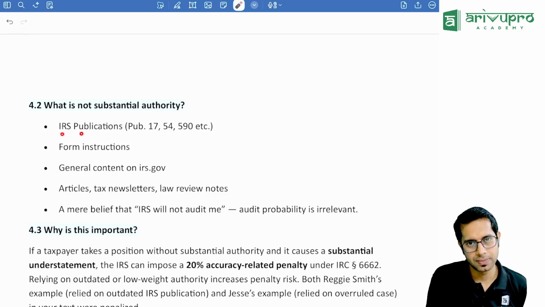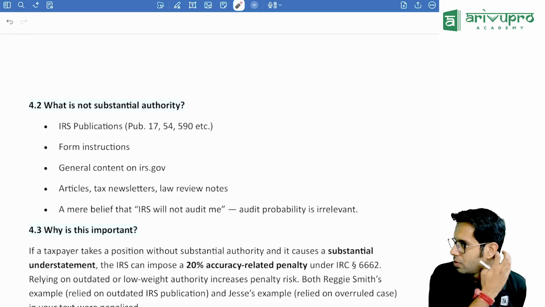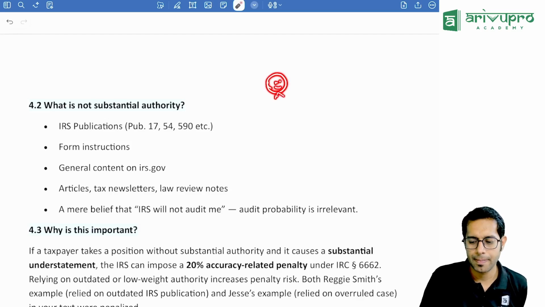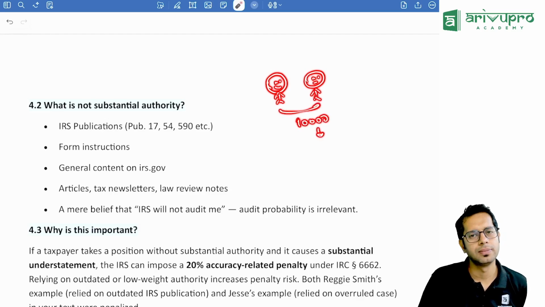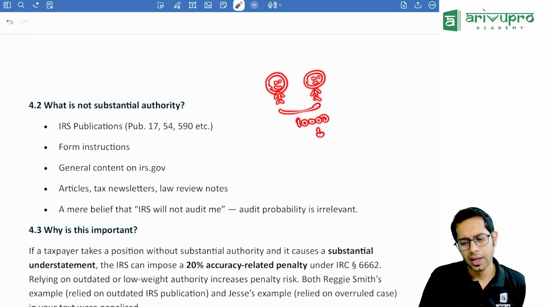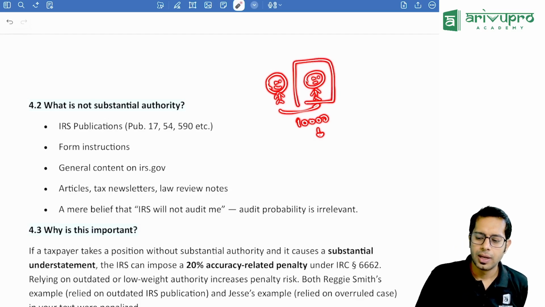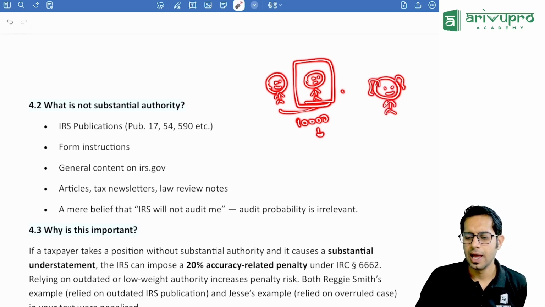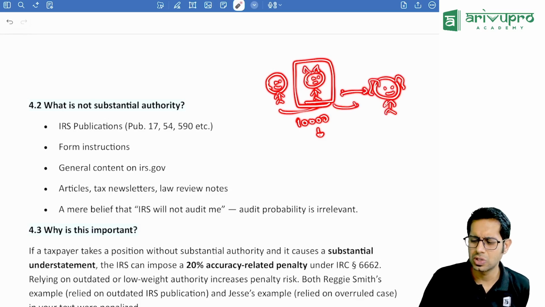IRS publications. For example, let me explain in simple words. We all know that if you walk 10,000 steps every day, you will be very healthy. Nothing will happen to your health. You will be perfectly fit and fine. Correct. Everyone knows this. Now, I find a person who is not keeping well for almost 10-15 days.